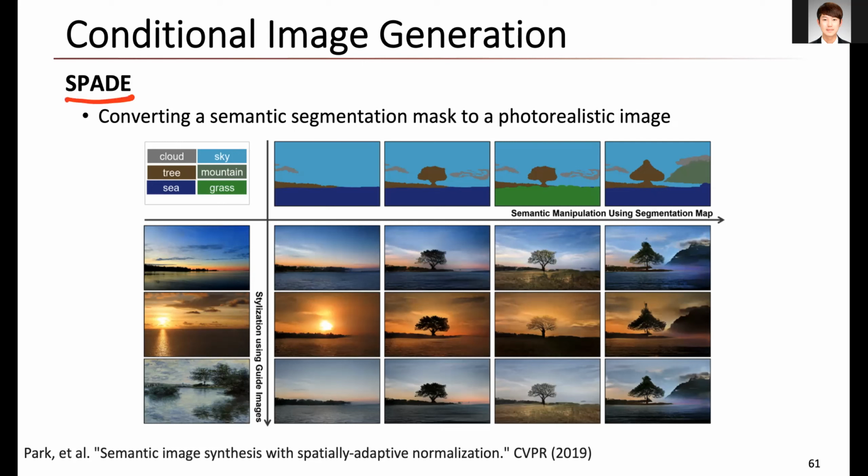They want to make a generator that is conditioned on the label map. Okay, we want to generate images that follow the structure of this segmentation map while taking these style images. So for example, this content and this style, then this is the generated image. So we want to control the generated images. How can I do that?